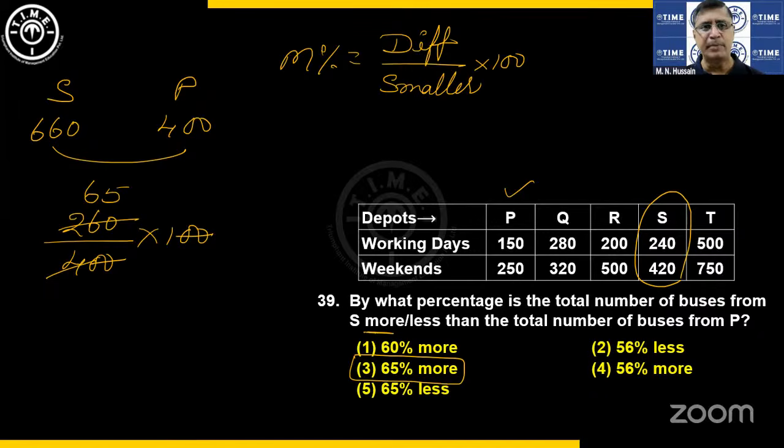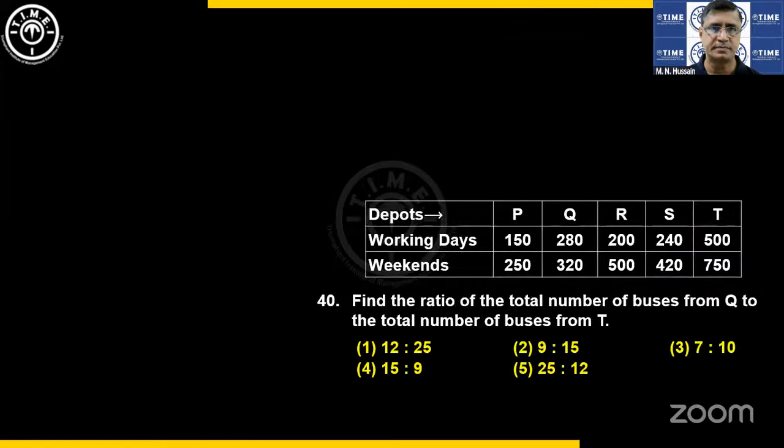Now, moving to next example, question number 40. Find the ratio of the total number of buses from Q to the total number of buses from T. Q and T. What is the value of Q?